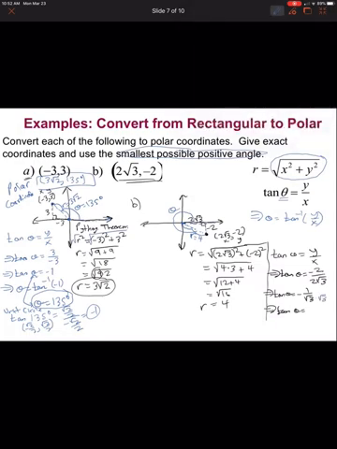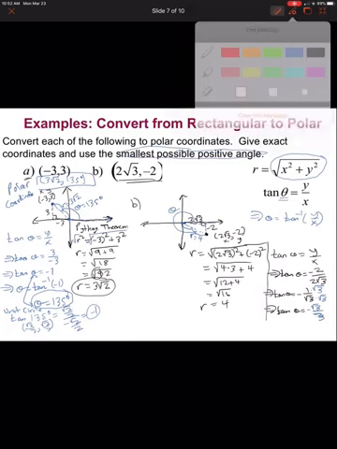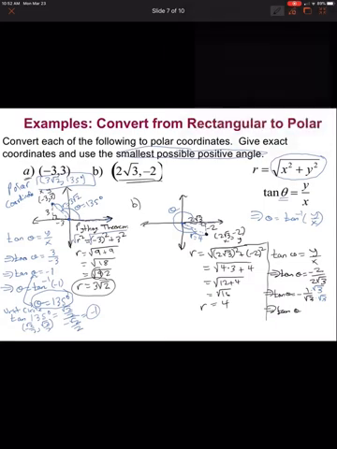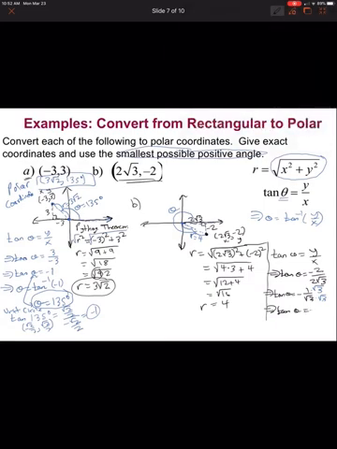I'm going to go ahead and rationalize the square root. We spent a lot of time with negative square root of 3 over 3. We should know by now, this is the function value for tangent when we're looking at 30 degrees. Tangent of 30 holds the value of square root of 3 over 3.